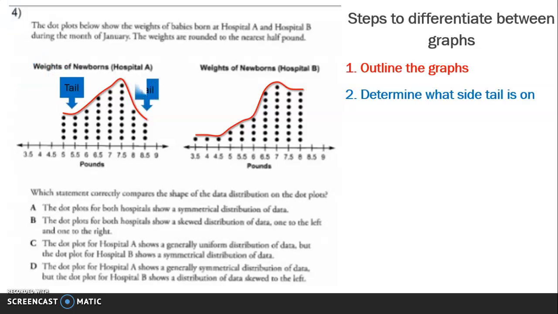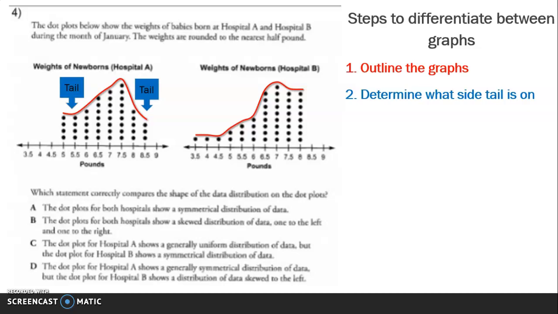But notice that we also have a tail on the right. So we have somewhat of a tail on both sides. It doesn't just go up and keep data up, but instead it has a low point, reaches an apex at the very top, and then it comes down. Generally, because both sides are about the same height, I would say both sides have a tail, just for this graph.